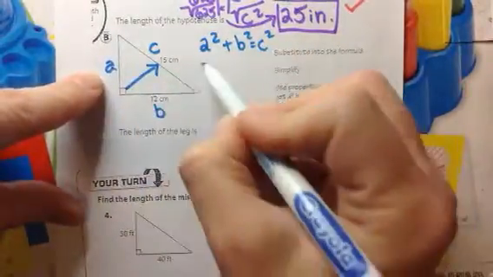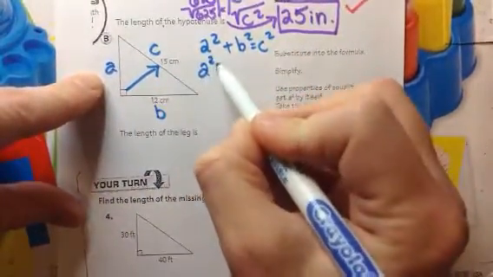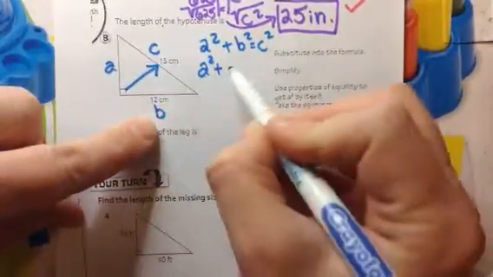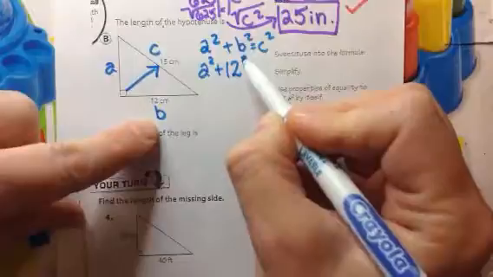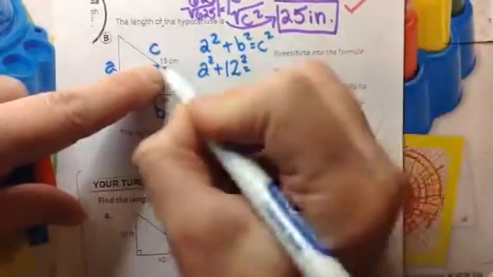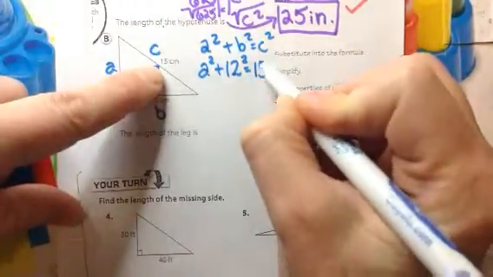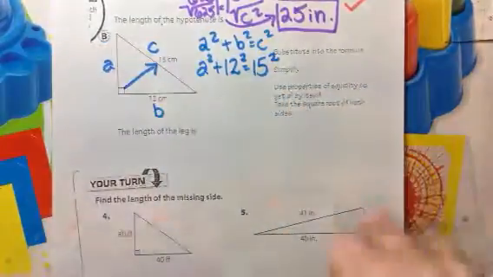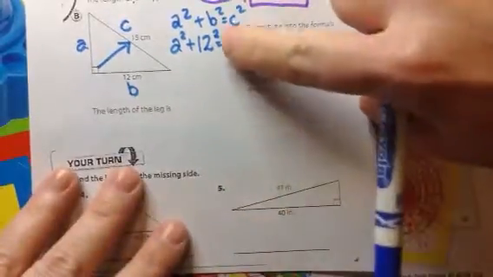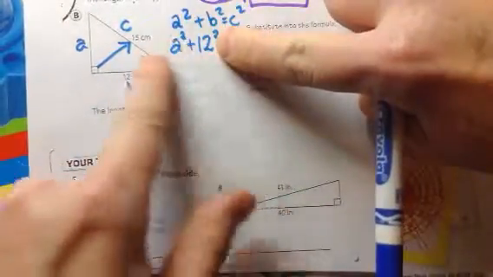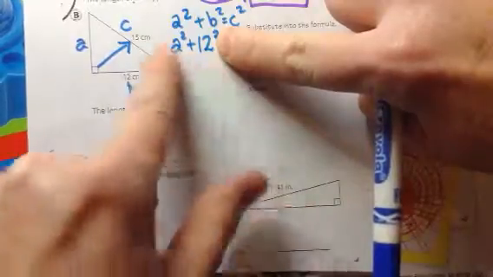I don't have a number by A, so I'm leaving that A squared. By B, it says 12. I have to keep the squared that was in the formula. This time I have a C, so it says 15. Keep the squared. Okay, this one's a little bit different because before, whenever I had both of the legs, I was able to type all of that in, okay?